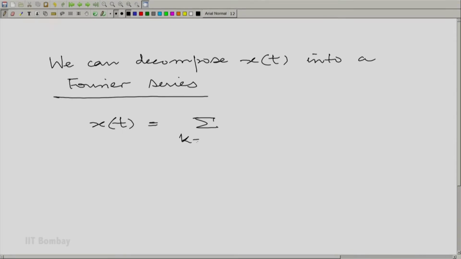Now, we are going to start using this term, Fourier series. Fourier, I must mention very briefly, is the famous mathematician a few centuries ago who proposed this idea of decomposing a periodic waveform into its sinusoidal components.